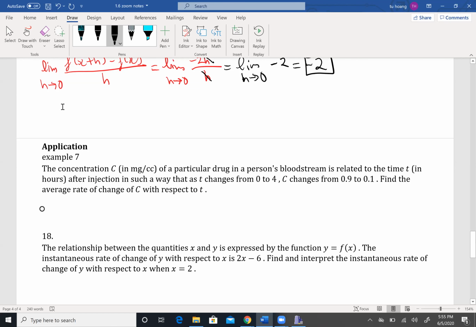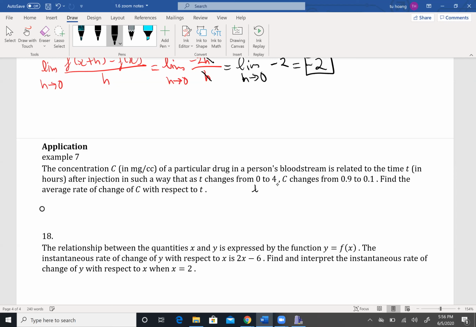The concentration C of a particular drug in a person's bloodstream is related to the time T in hours after injection in such a way that as T changes from 0 to 4. Okay, so this is, say, x1 and x2, right? It changed from 0 to 4. And oh no, it's T1 and T2 because this is time.